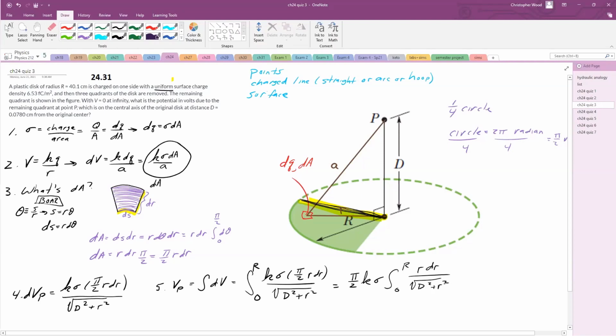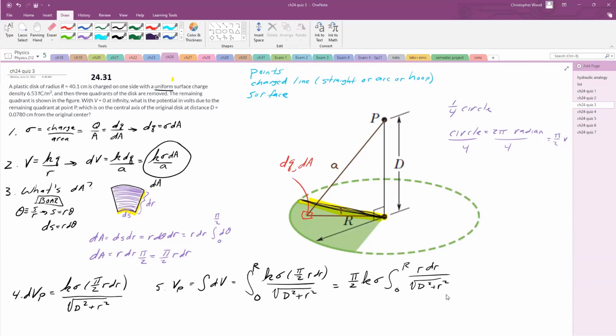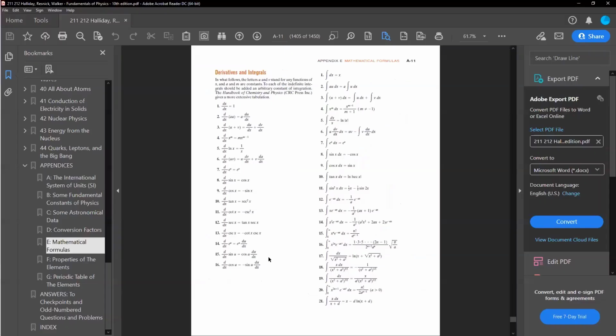And we can solve this integral without the lookup table, but let's see, does the lookup table have this integral? Let me bring that back up again. Here's the table right here. Okay.